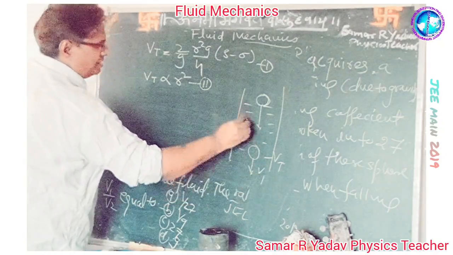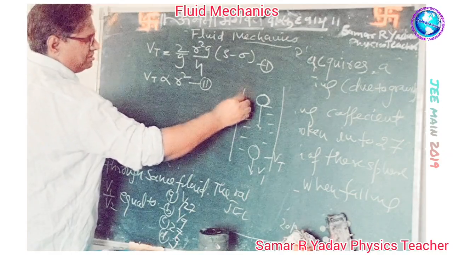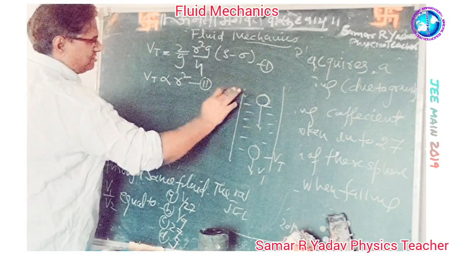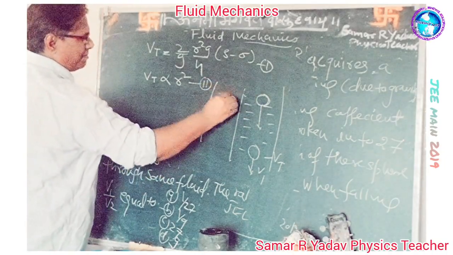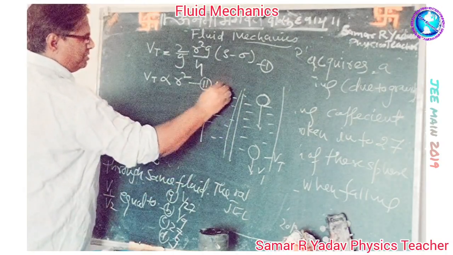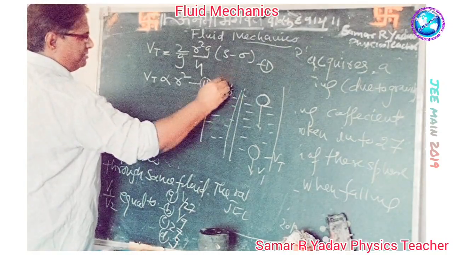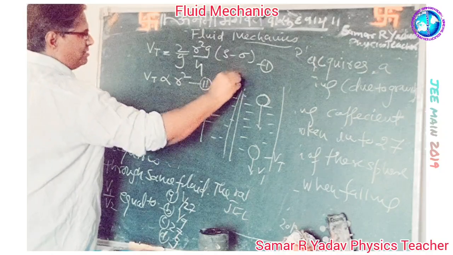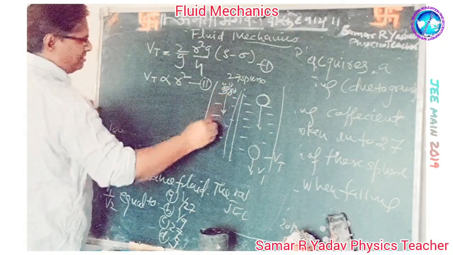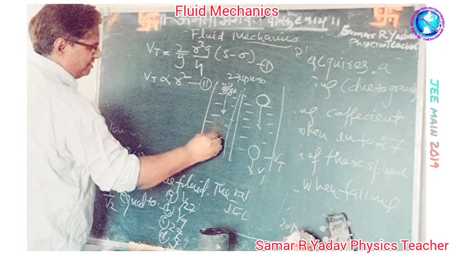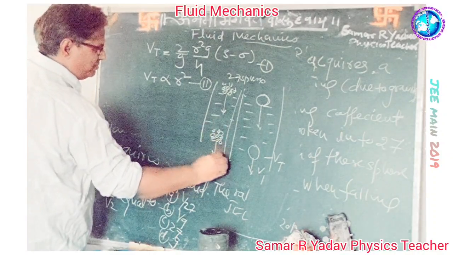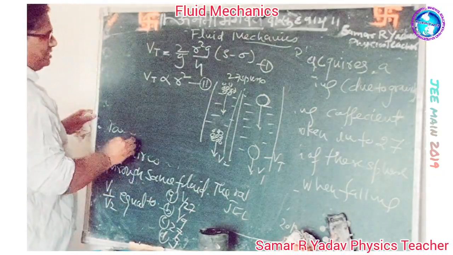Next you can draw here a bunch of spheres, suppose 27 spheres, falling under gravity and acquiring terminal velocity, suppose v2.